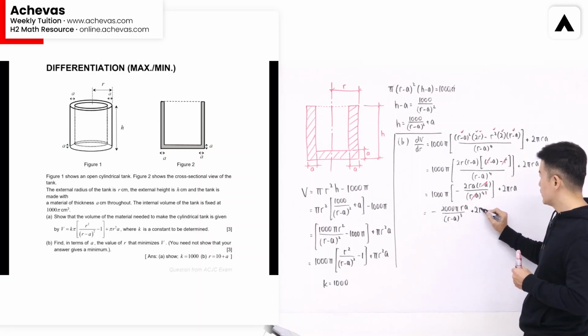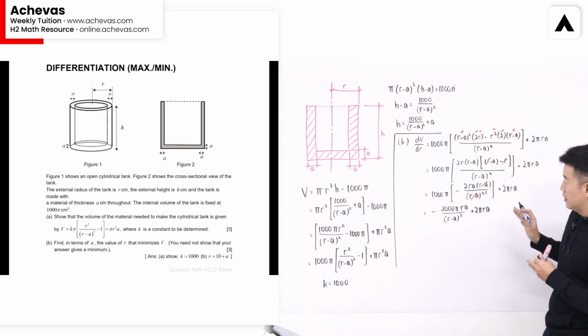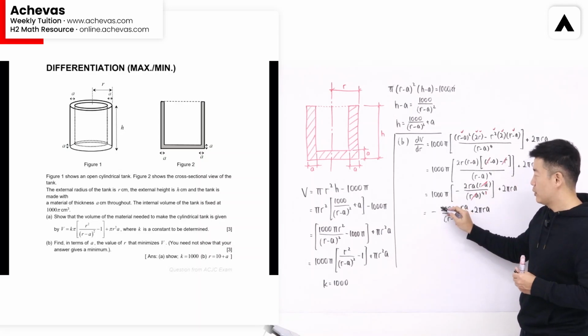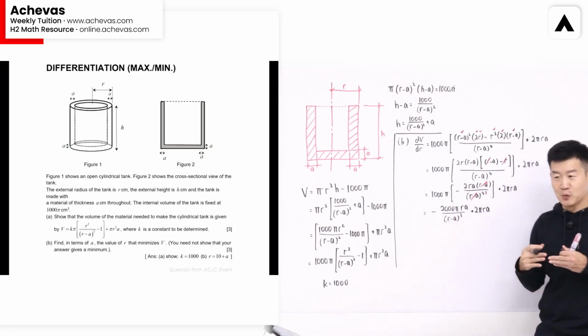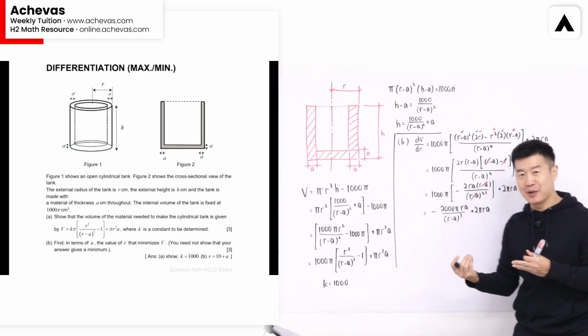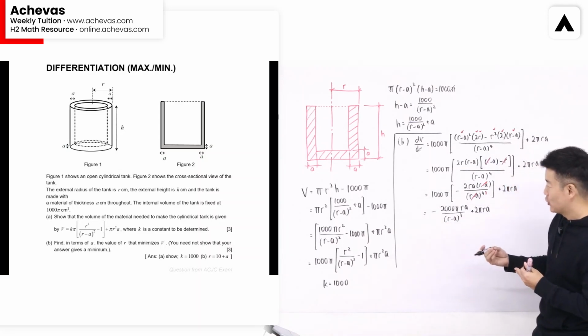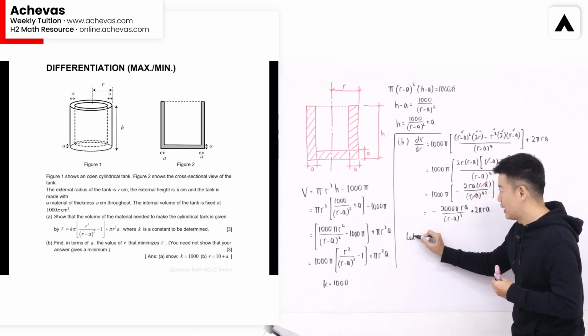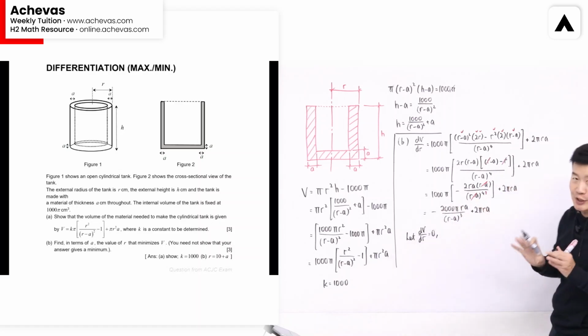This plus 2 pi r a. And I think this is a simple and good enough expression for me to let it be equal to 0, and I'm going to try to make r the subject. So I'm going to now let dv/dr be equal to 0 because this feels good enough.